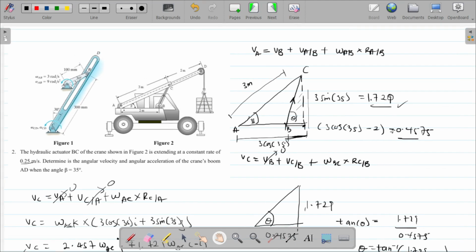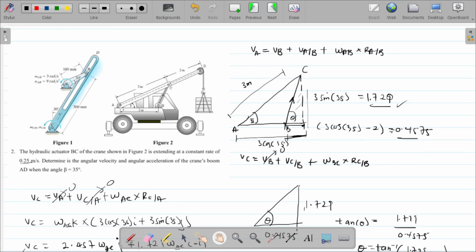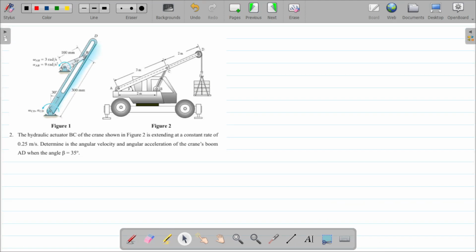The angular acceleration. All right, so real quick, the angular acceleration is going to follow the same procedure.